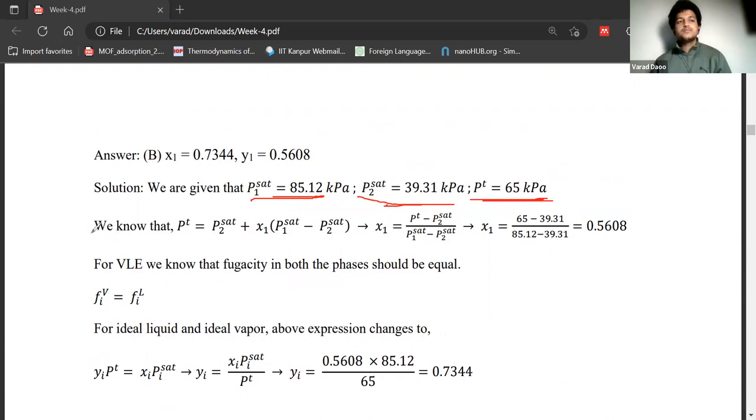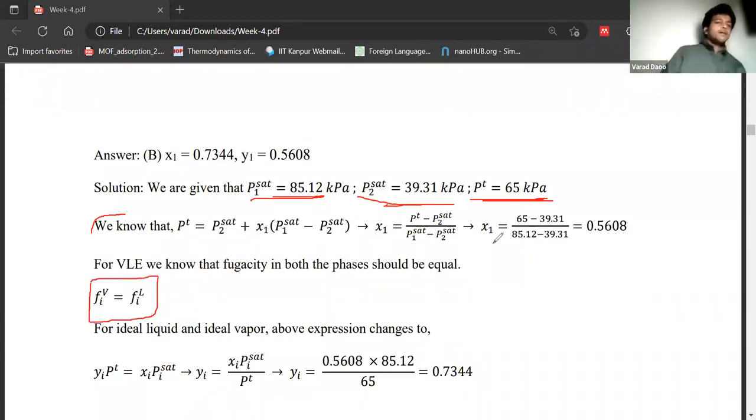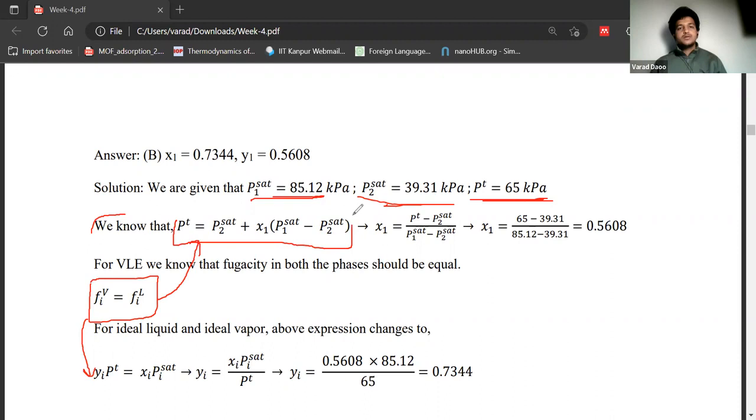We know that for two phases to be in equilibrium, the fugacity of both the phases has to be equal. From the fugacity calculation and two-phase expression, two expressions will arrive, and using them you will be able to find both.